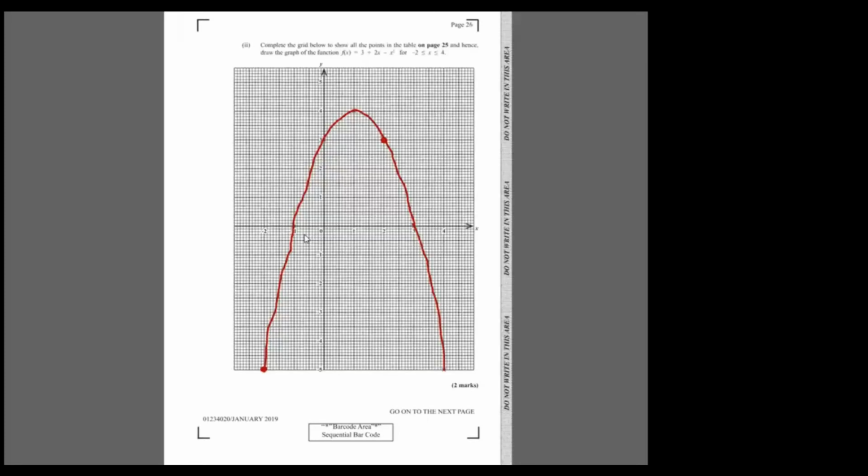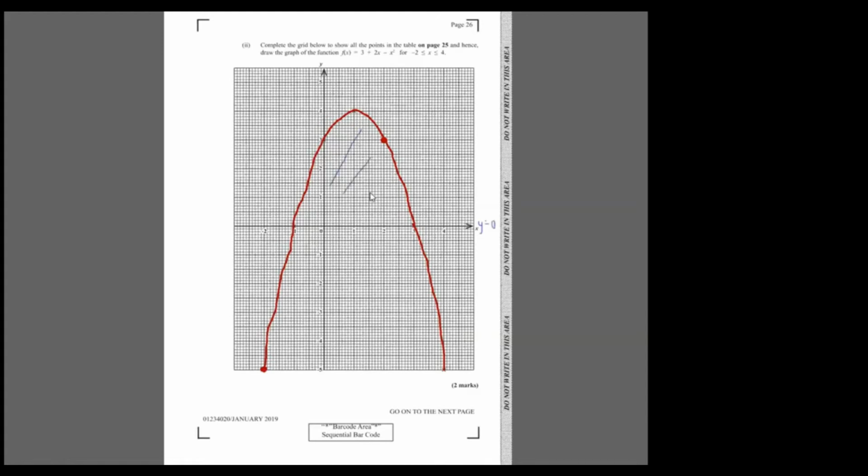Now it says, find the range of values of x for when f of x is greater than 0. Using the graph, f of x is greater than 0. I'm going to shade it in blue. This is the line y equals 0. And so f of x being greater than 0 is in here.